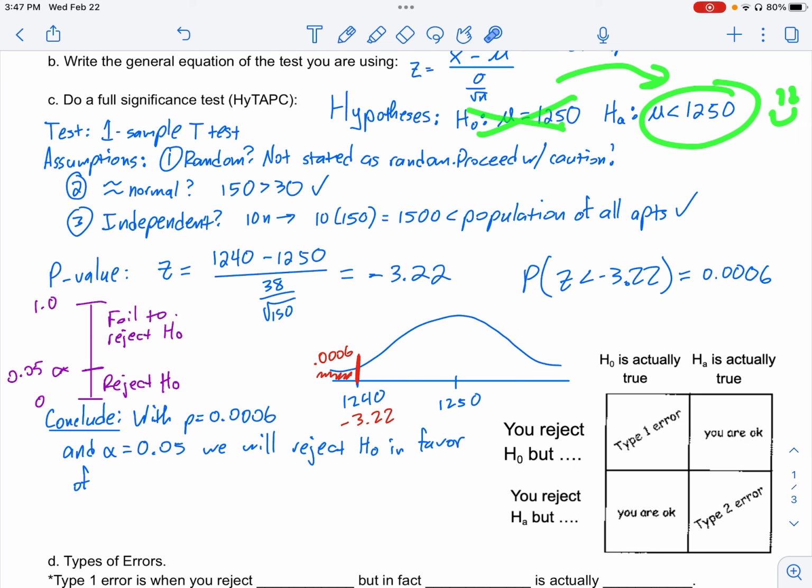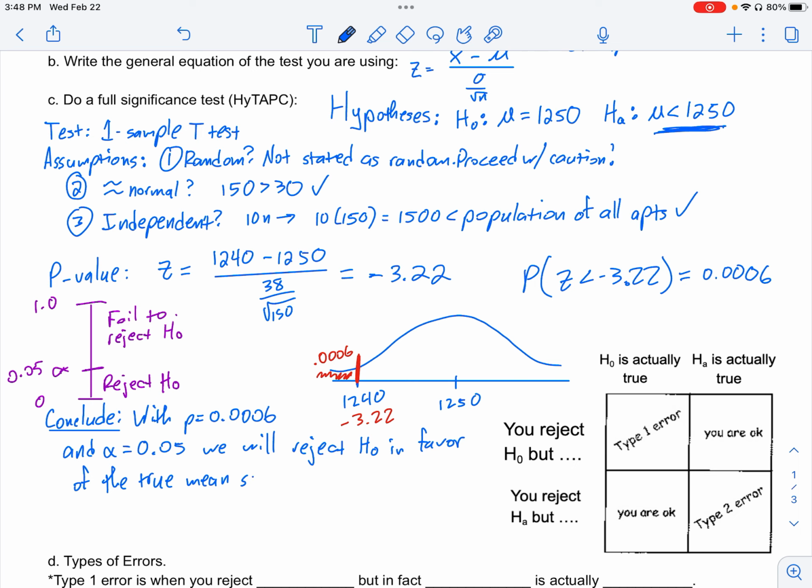I'm not going to write this in words, I'm going to write it out in context. In favor of the true mean square footage of an apartment being less than 1,250 square feet. Okay, there you go.